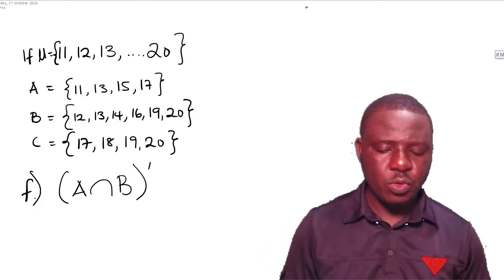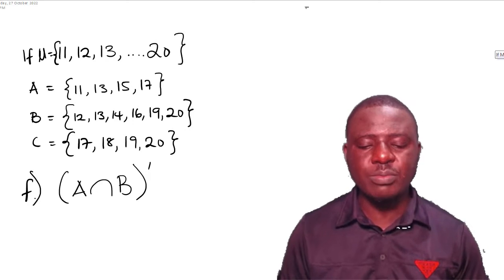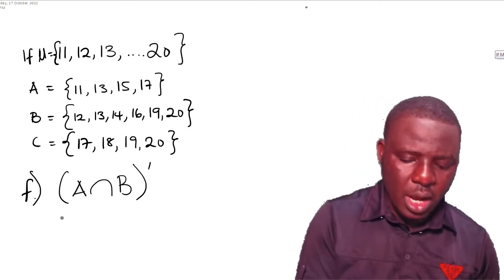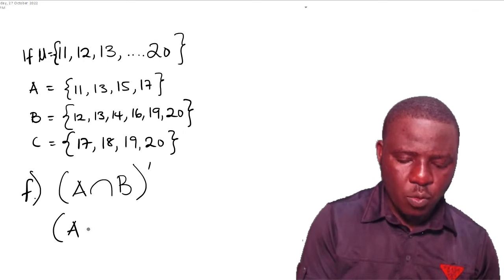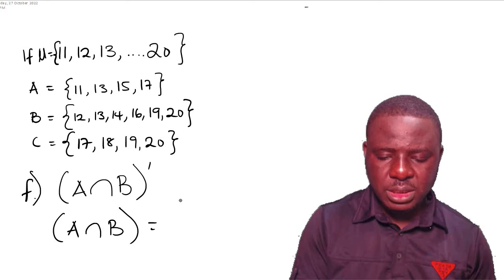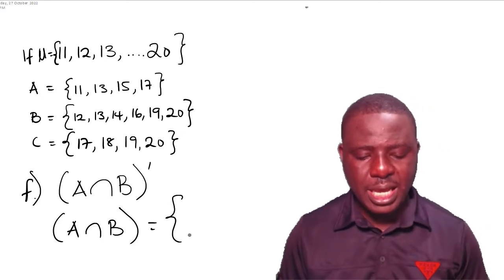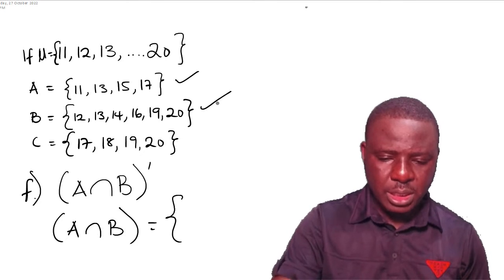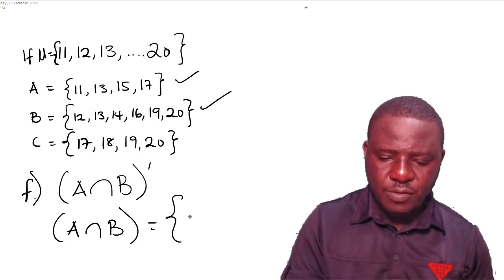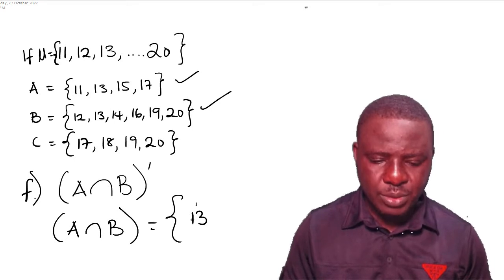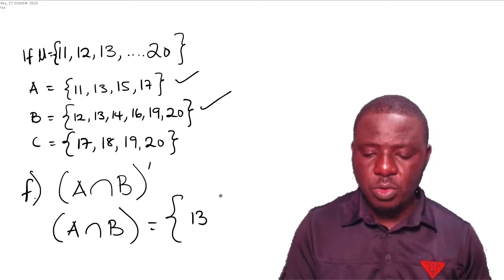F says we should look for (A intersection B) prime. So as usual, we'll first of all get our A intersection B, meaning those elements that can be found in A and B only. So when you compare A and B, you will discover that we have 13. 13 is in A and B. I think 13 should be the only element there.